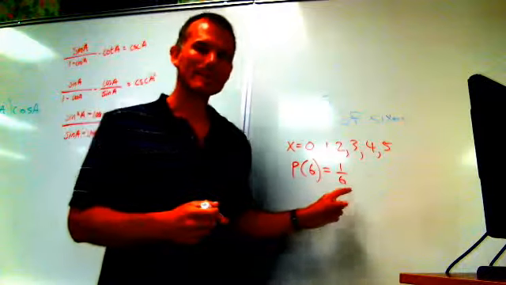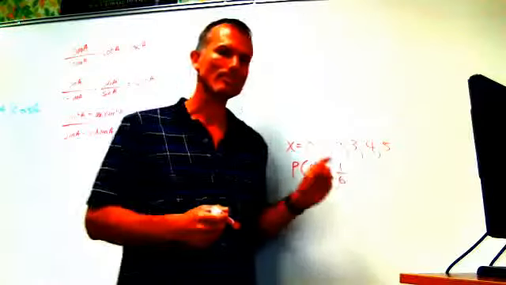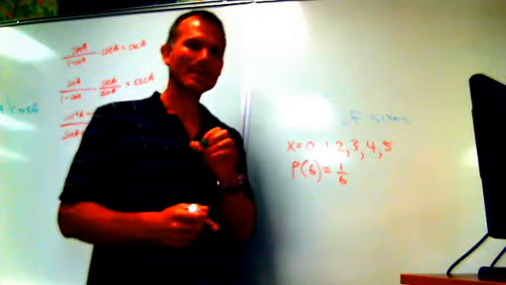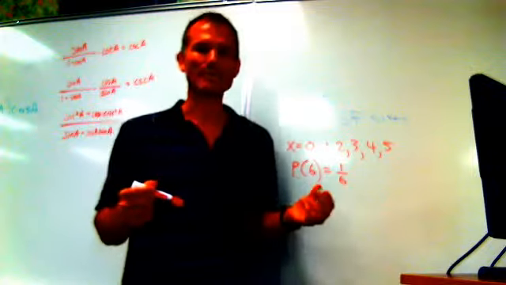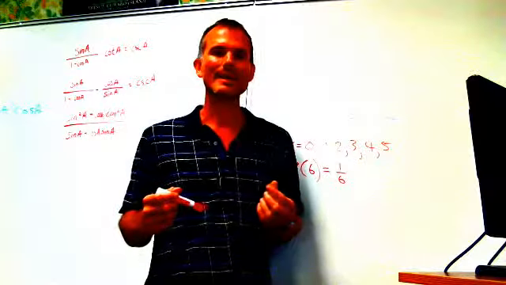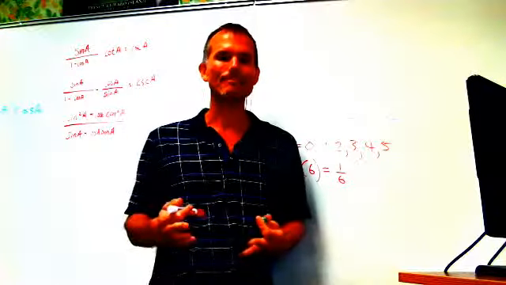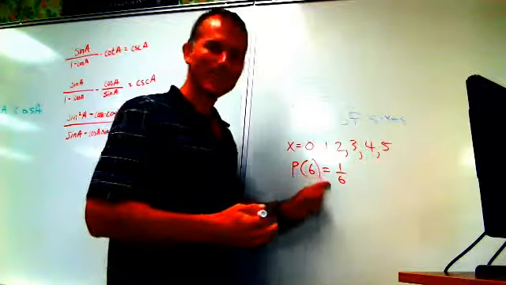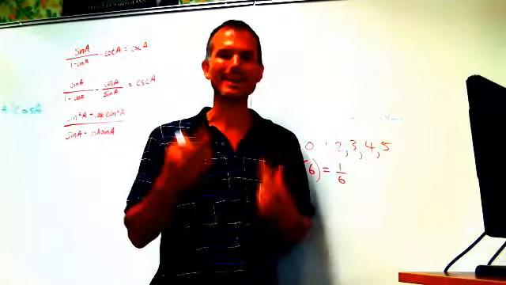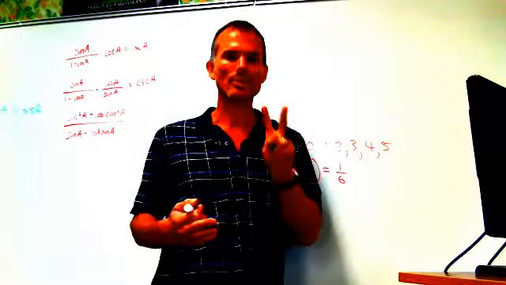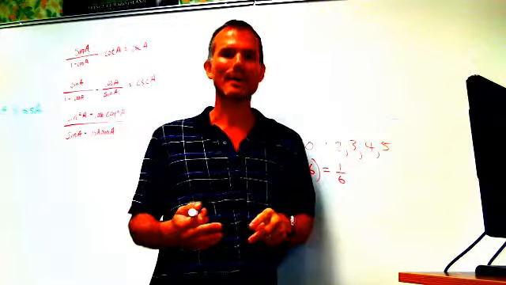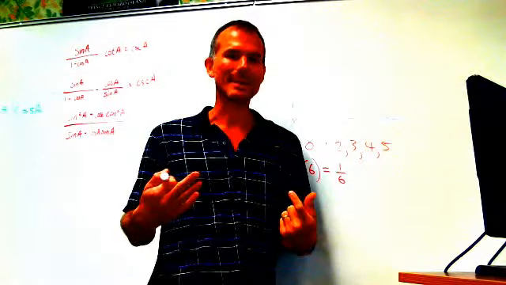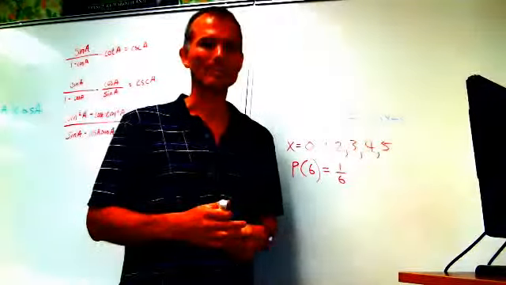And that's the same for each trial. So the probability of success, and I'm defining success here as rolling a 6, is the same on each trial. So I have a fixed number of trials. The probability of success is the same on each trial. Those are 2 requirements for a situation to be a binomial probability situation.